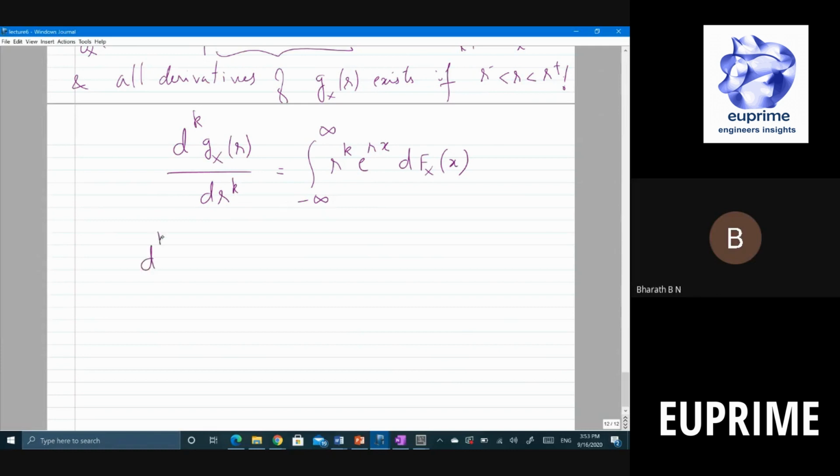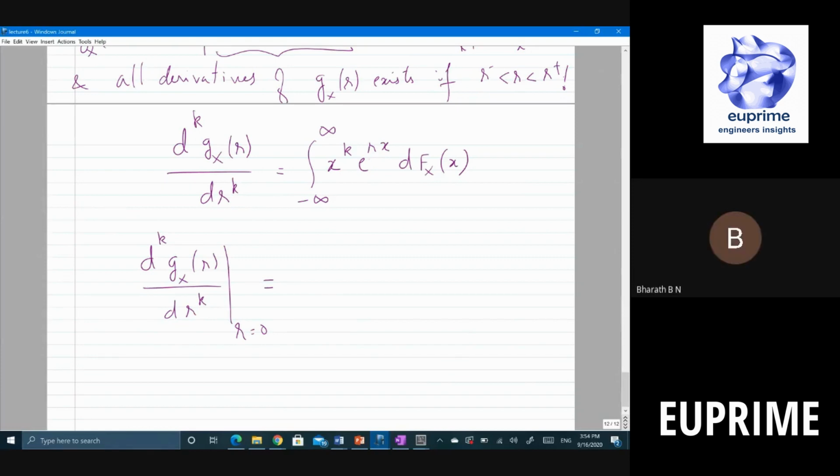Now, if you take the kth derivative and substitute r equal to 0, what do you get? Sorry, not k equal to 0, r equal to 0. What do you get? I'm taking the derivative with respect to r, right?